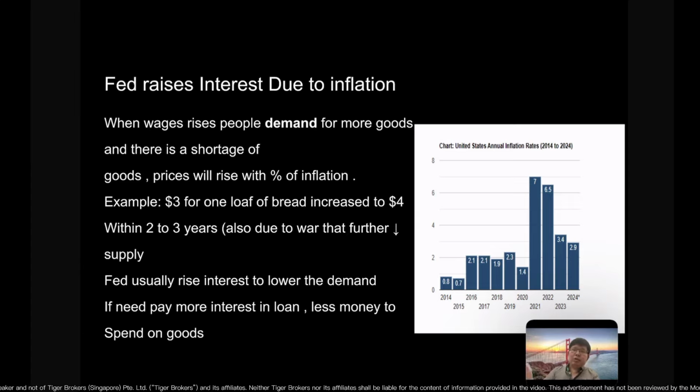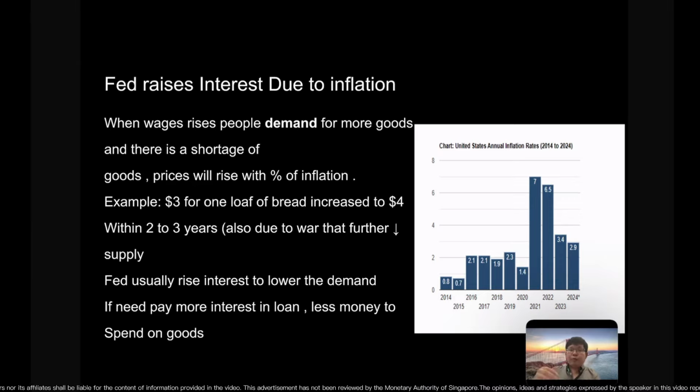But we know not only the loaf of bread increases due to that, there might be other supply issues, like due to the war in Ukraine, so that the supply of wheat is not sent over to other countries, so every country's bread price increases.